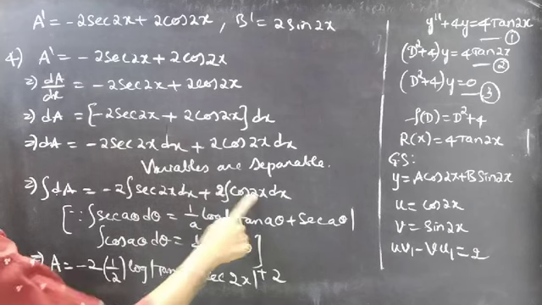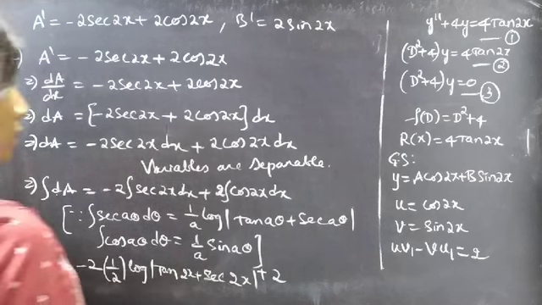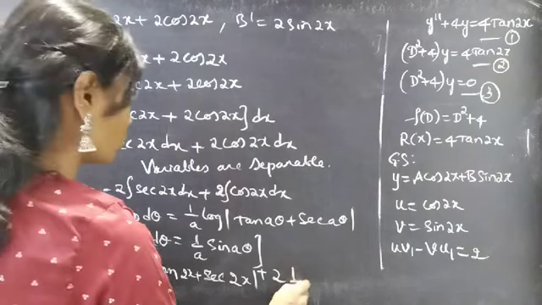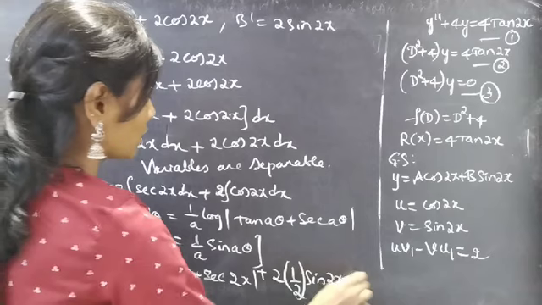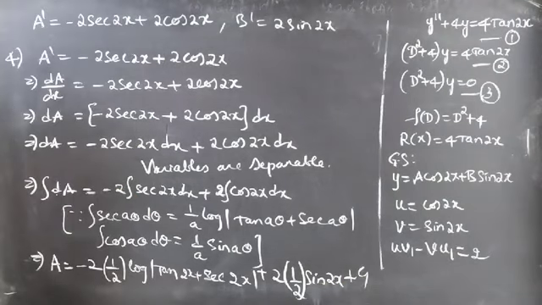For a equals 2 and theta equals x, we'll have integral cos 2x dx is 1 by 2 sine 2x plus integral constant c1. We cancel 2.